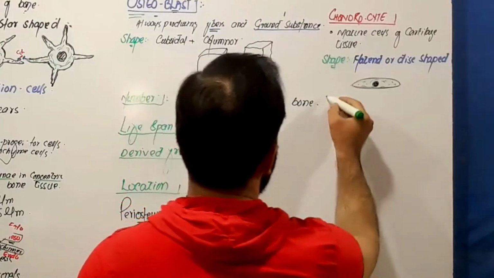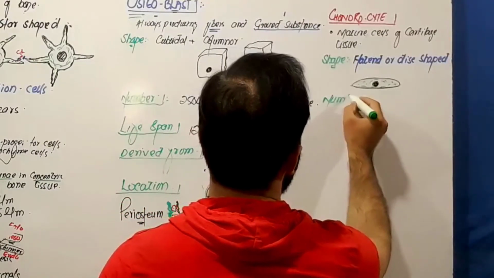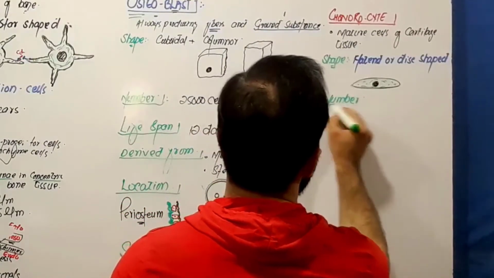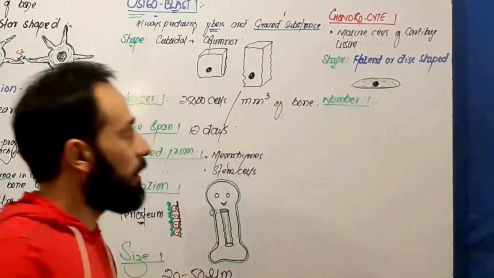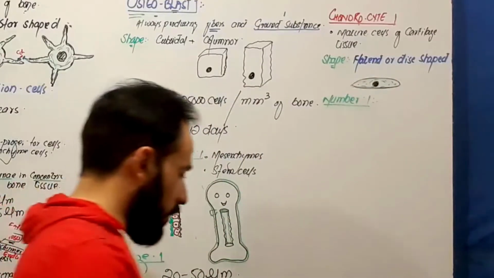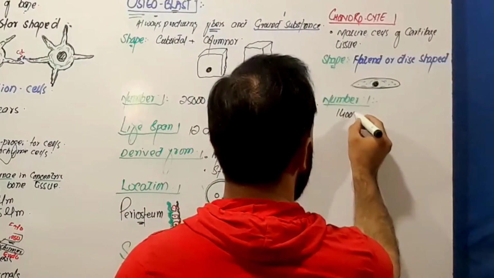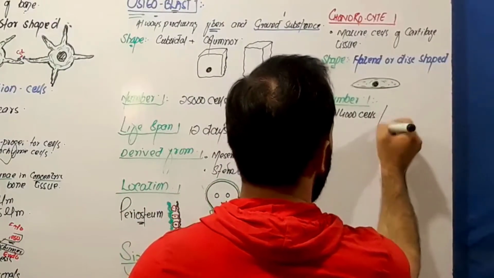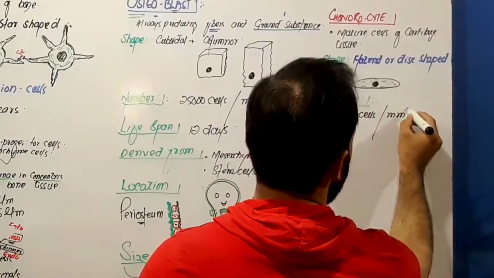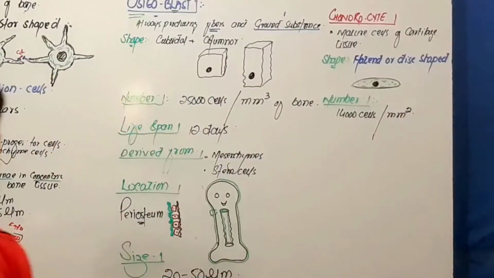What is their number? How many chondrocytes will be present in a cartilage tissue? So their number is about 14,000 cells per millimeter square of the tissue.